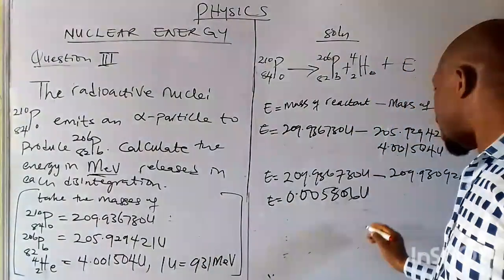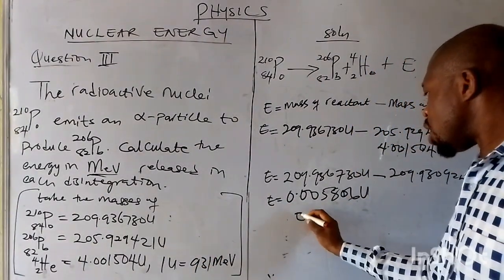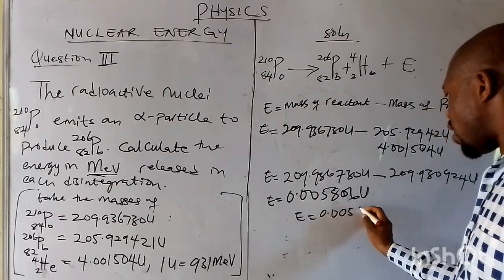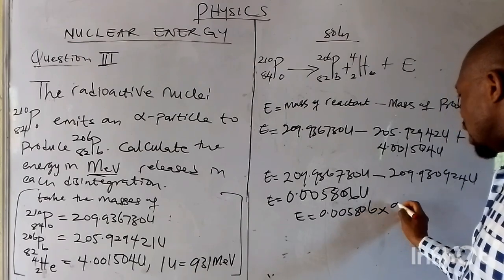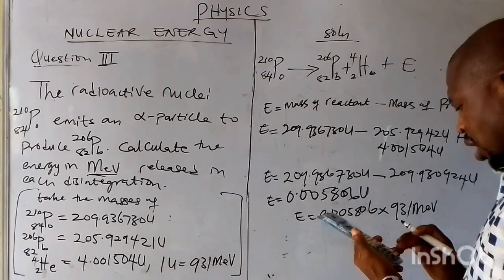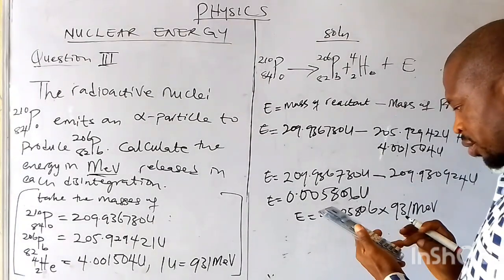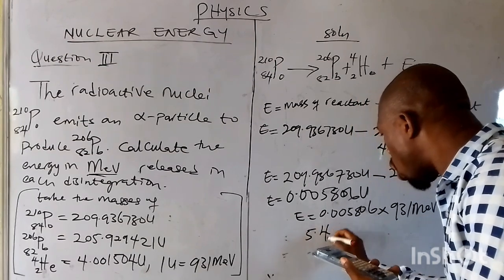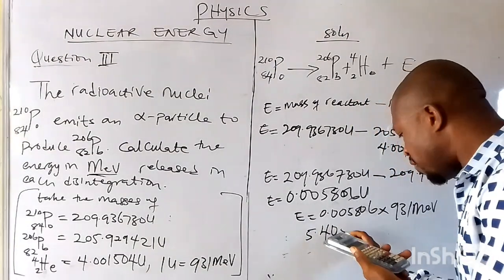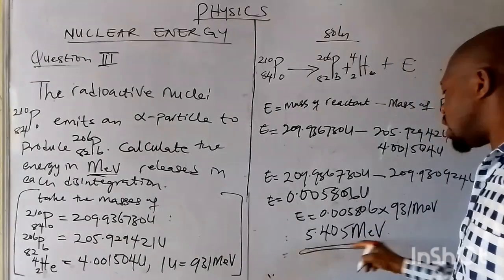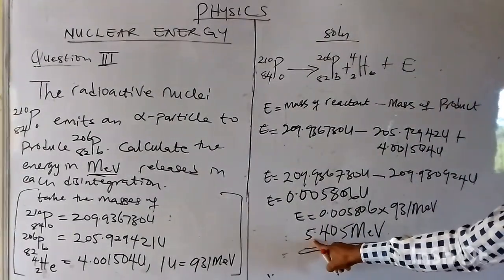So we now have E is equal to 0.005806 times 931 MeV, which will give us, at the end of the day, 5.405 mega electron volts. So this is the answer in mega electron volts.